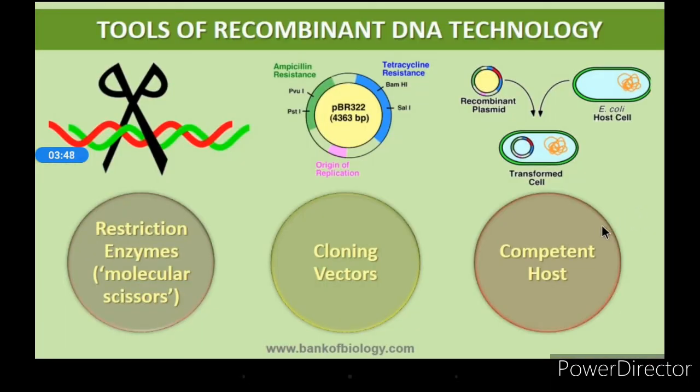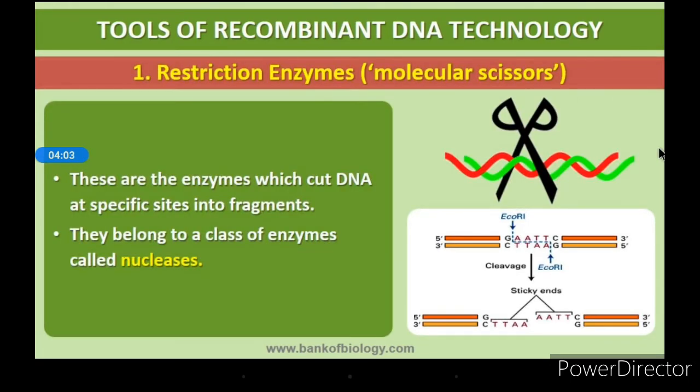Okay, so the tools of recombinant DNA technology. The three main topics we are going to come across are the restriction enzymes, or the molecular scissors, or the DNA scissors, then cloning vectors, then competent host. First we will see the restriction enzymes, or the molecular scissors, or the DNA scissors, which help to cut the DNA.